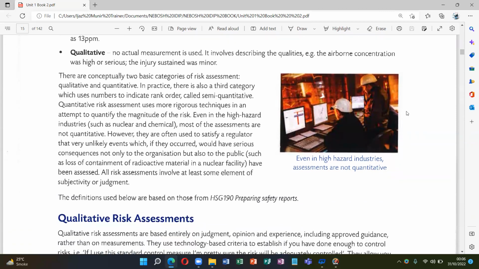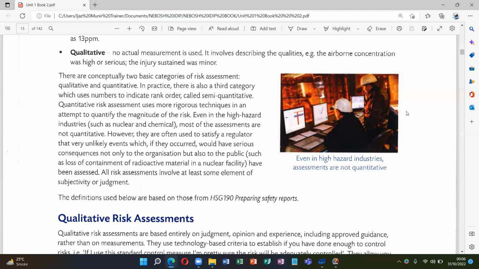There are conceptually two basic categories of risk assessment: qualitative and quantitative. In practice, there is also a third category which uses numbers to indicate rank order, called semi-quantitative. Quantitative risk assessment uses more rigorous techniques in an attempt to quantify the magnitude of the risk, even in the high hazard industries such as nuclear and chemical.